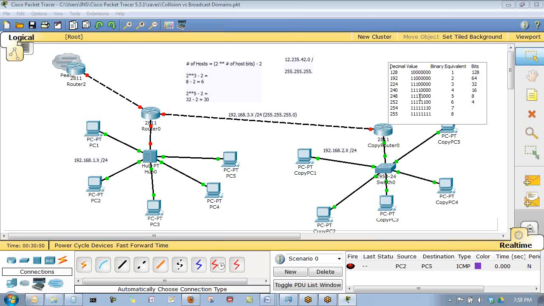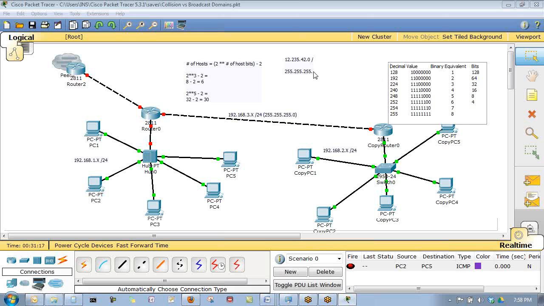It's a 248, and that shows us 5 bits. Actually, it's 5 bits for the host, which means I have how many bits left over for the subnet mask? 3, correct.